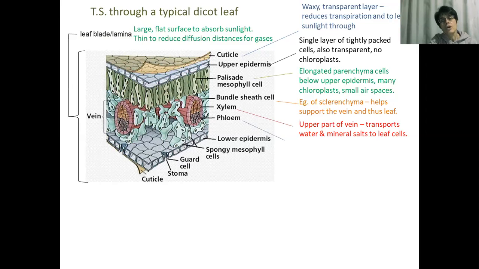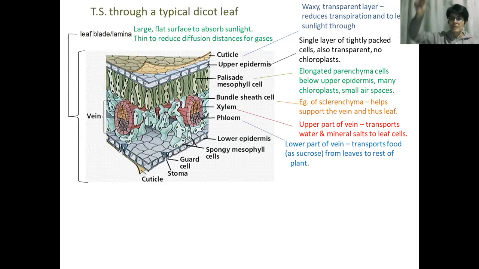Phloem, the lower part of the vein, transports food, usually as sucrose, which passes through the sieve tube cells, not the companion cells, and it can go either up or down depending on where it needs to go to be stored or used.